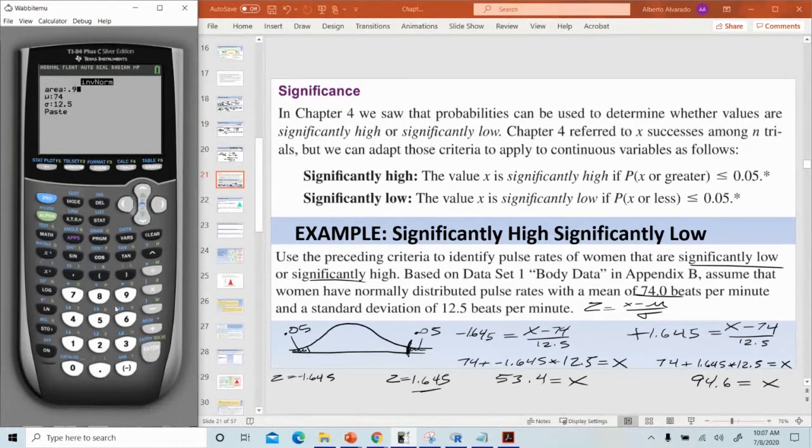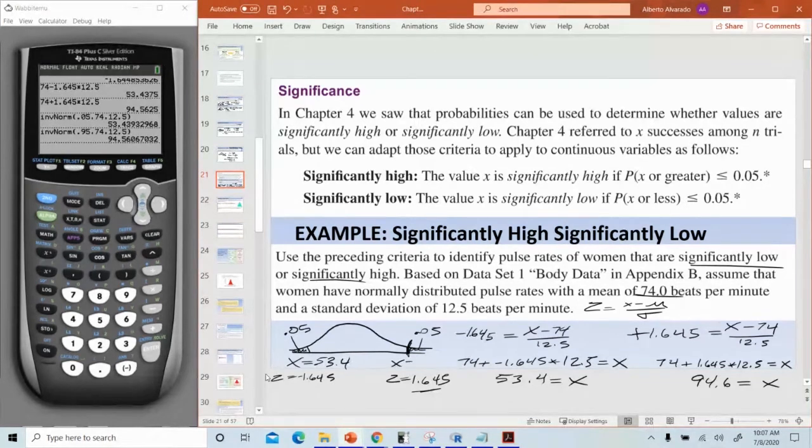After I think about the left area, it's going to give me that x value. So the cutoff here was 53.4, and the high pulse rates cutoff is 94.6 for the women. All right, so good.